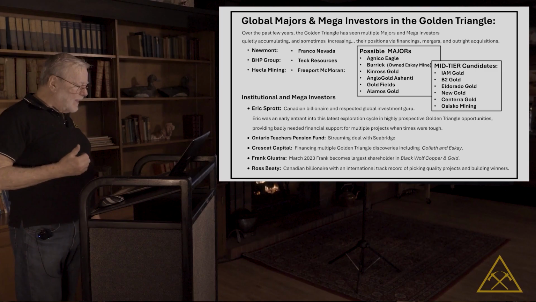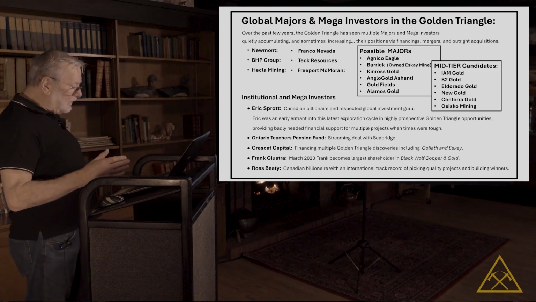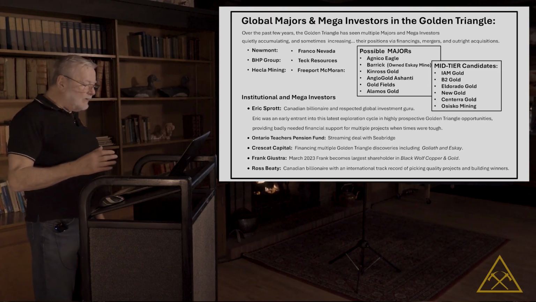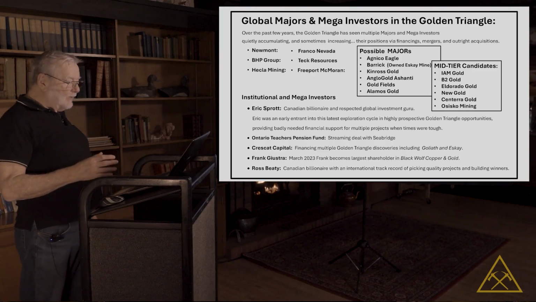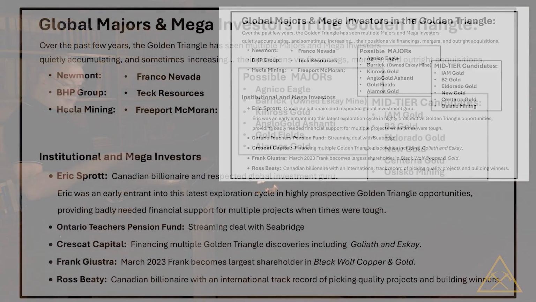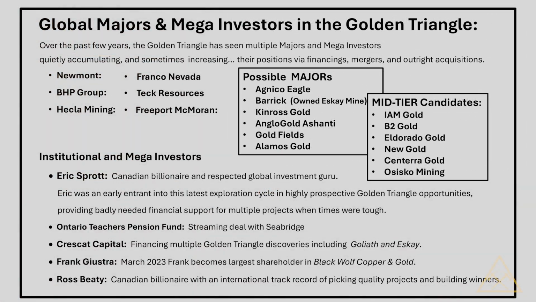So other opportunities or investors are the Ontario Teachers Pension Fund, which is involved with a streaming deal with Seabridge. Crescat Capital is involved in financing numerous discoveries, including Goliath and SK. Frank Giustra is up there. He's been involved with a couple, and I'm not quite sure all the ones he's involved with now, but you could look that up on the internet.